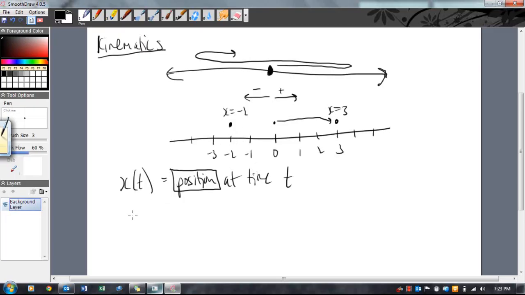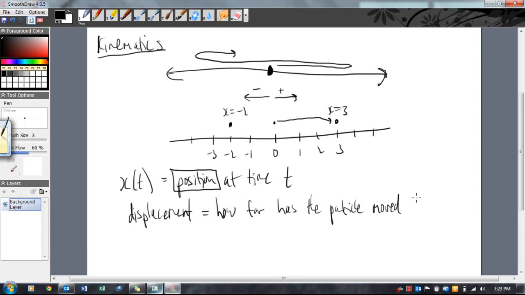Secondly, we have what we call displacement. And displacement is how far the particle has moved from its starting point.